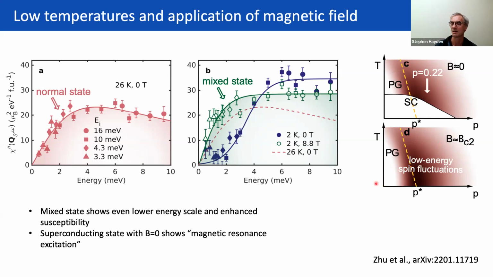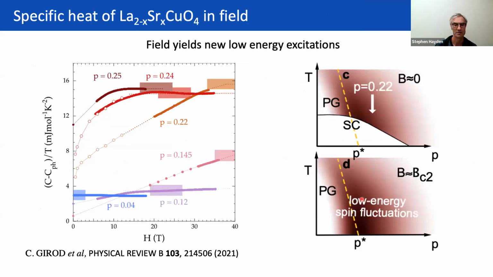And then as a function of doping, it seems that the low energy spin fluctuations get stronger, and I've tried to illustrate that here. Okay, so now back to specific heat for a minute. Here's some data from Klein and Taifer.